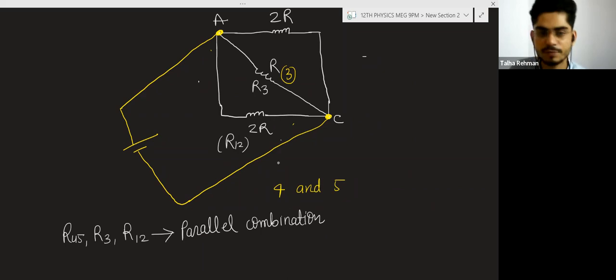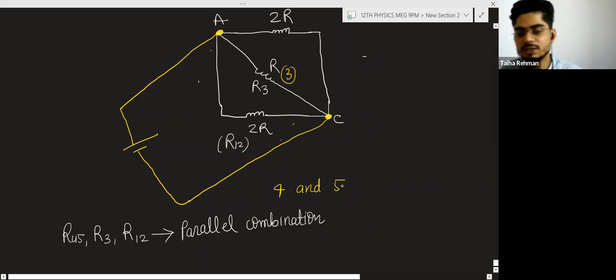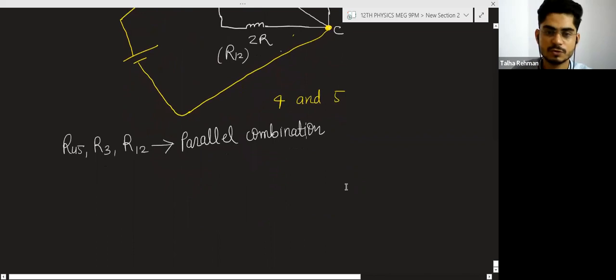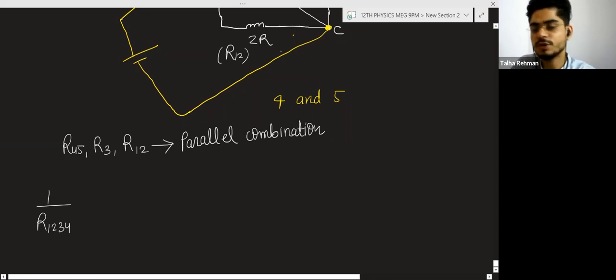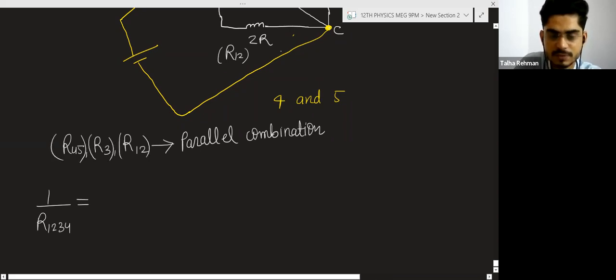And in the parallel combination, one thing more, the potential difference across each resistance will be the same. So in parallel combination, how will we calculate the equivalent resistance, meaning R1234, the equivalent resistance of the circuit? We have these three resistances. Hamza, do you know equivalent resistance in parallel?